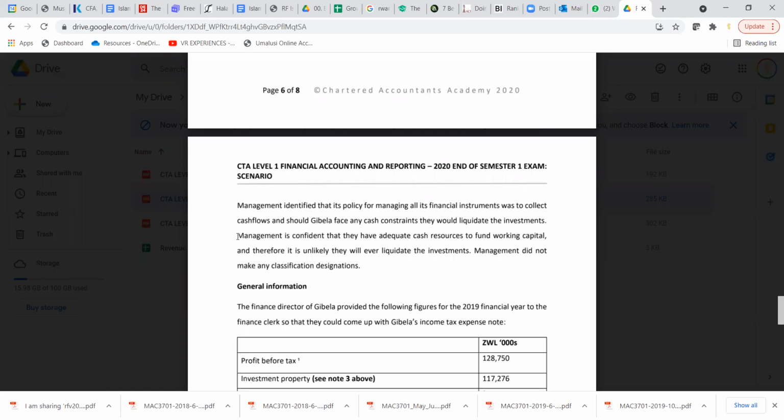Now we must ask ourselves point number 2, the contractual cash flows. We now need to determine whether the contractual cash flows are solely payments of principal and interest. For preference shares, the contractual cash flows are a dividend plus the principal amount.